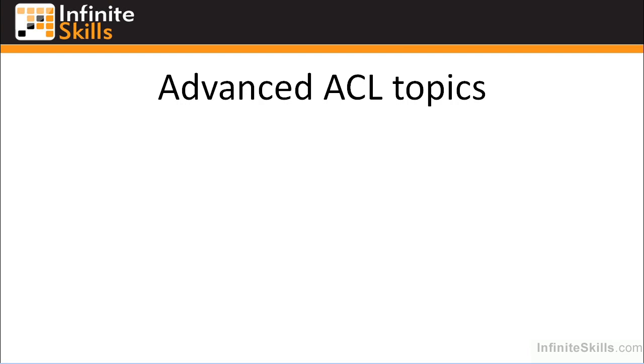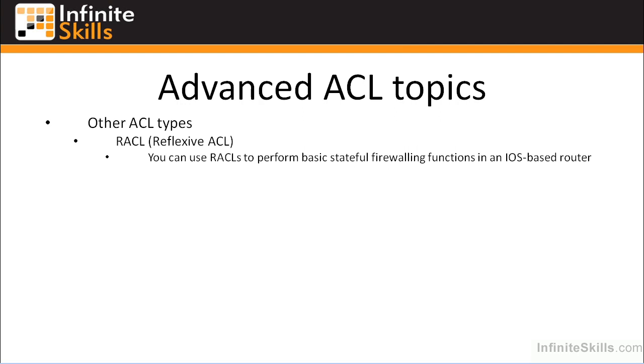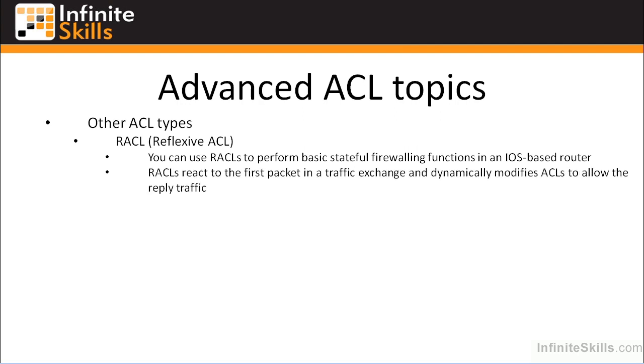So finally, let's talk about some other access control list types that exist on Cisco routers but were not covered in the CCNA because, again, they're a little more advanced. The first is a reflexive ACL, or a RACL. You can use RACLs to perform basic stateful firewalling functions in an IOS-based router. Essentially, reflexive ACLs react to the first packet in a traffic stream and dynamically modify the ACLs on the outgoing interface to allow the reply traffic back.